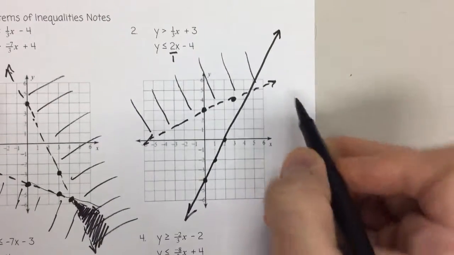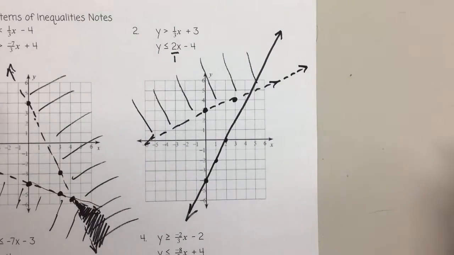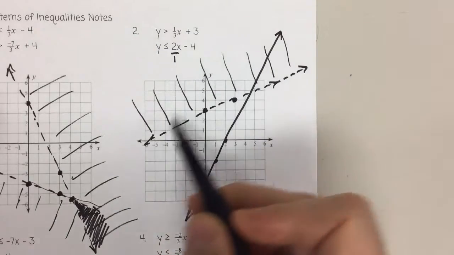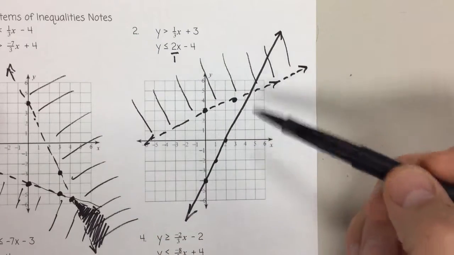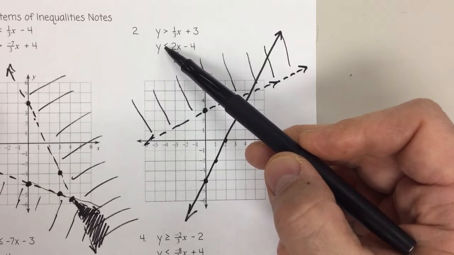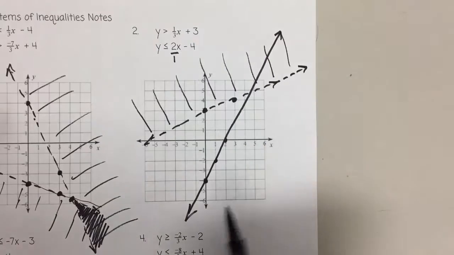Sometimes it helps on these to extend your line a little further off the graph. So I remember we shaded above the first line. Let's see where we shade on the second line. It says y is less than or equal to the line. So I'm going to shade below this line.